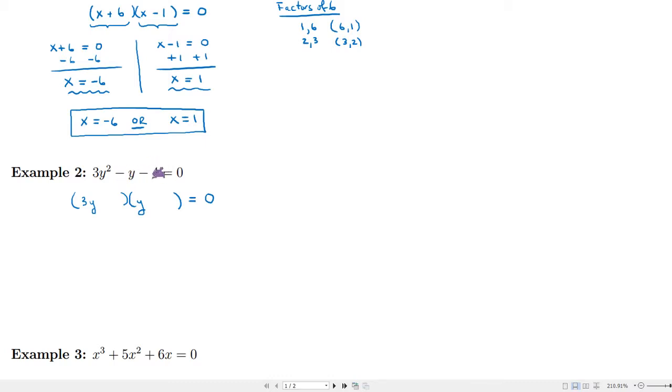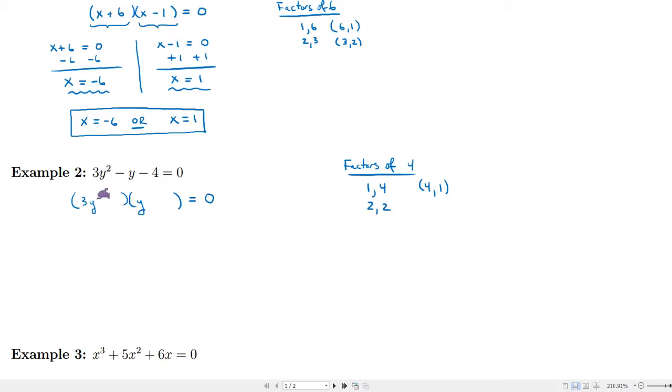So with negative 4, factors of 4, we could have 1 and 4, and since one could be positive and one could be negative, we could have 4, 1 as well. We could also have 2 and 2, right?